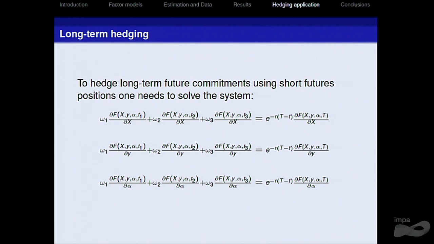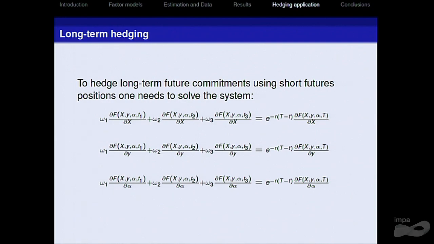For example, here we have the long-term commitments maturing at time capital T, and you want to hedge this position with short futures contracts. So in this case, the present value of the sensitivity of the future commitment to the state variables should be the sum of the sensitivity of each contract to the same state variable.